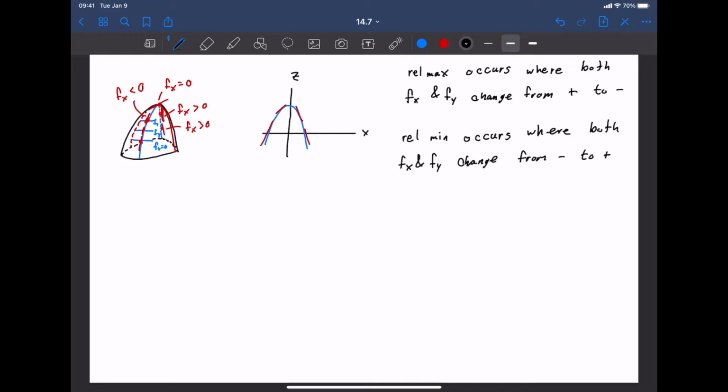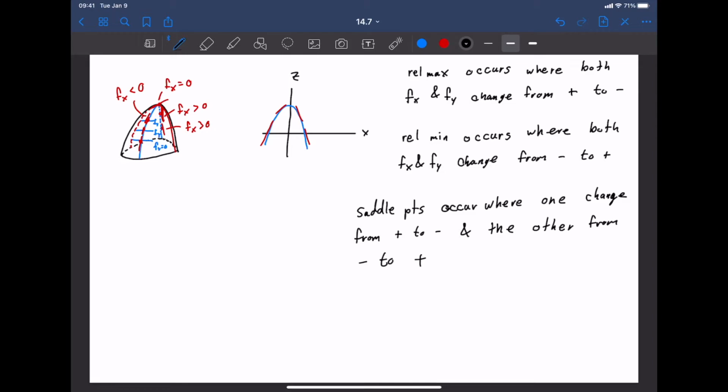What's the third option? So the saddle points occur where one of these partial derivatives changes from positive to negative and the other from negative to positive.